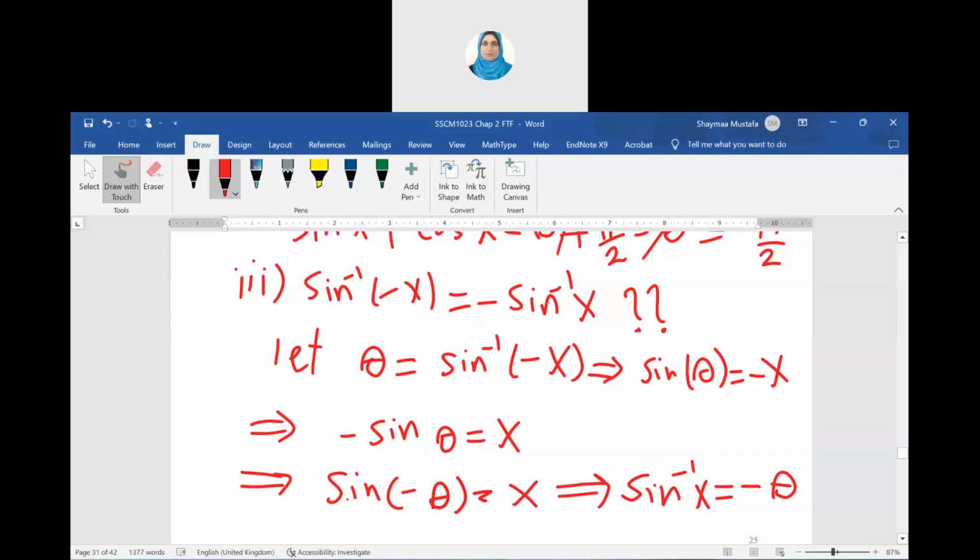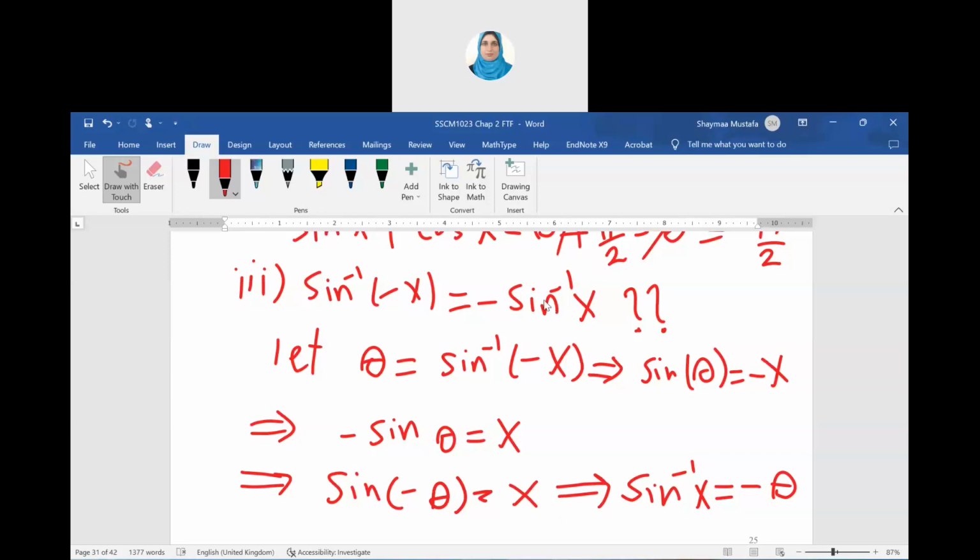You have here sine minus theta. Sine minus theta equal to x. So if you take sine inverse for both sides, you get sine inverse x is equal to minus theta. Which means that theta is sine inverse minus x here.